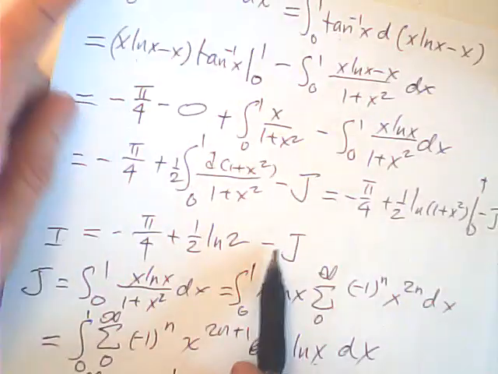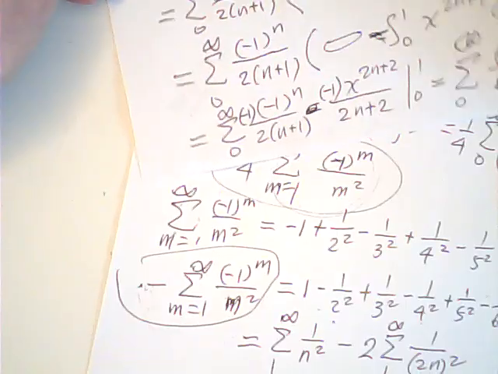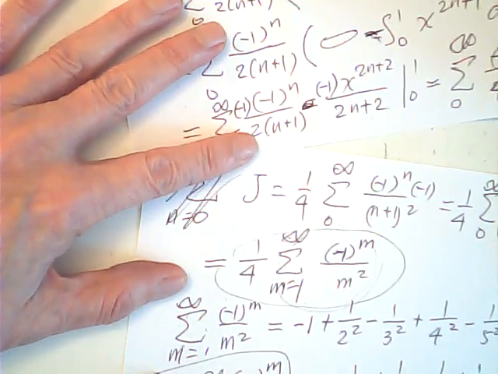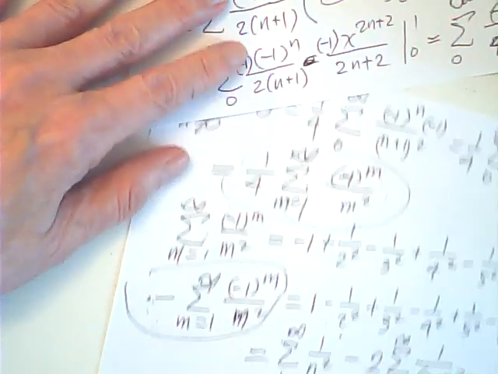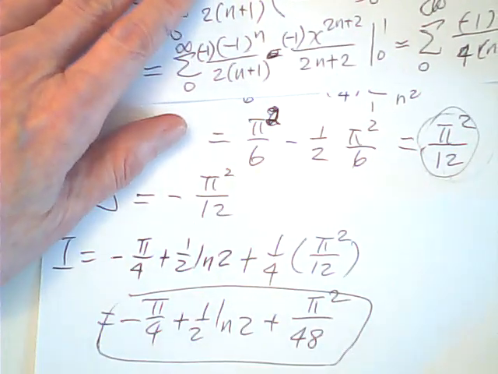Because we have a negative j, I is equal to this negative j. This is a negative this times negative quarter, so it becomes positive. Wow, what a confusion.